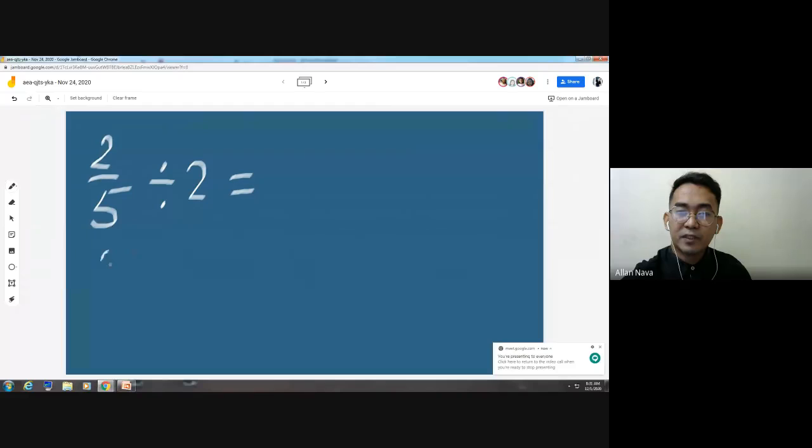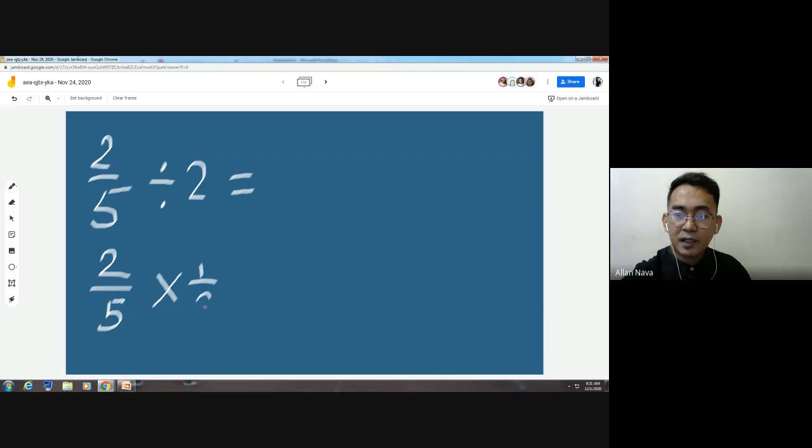Again, copy the first fraction. Change the division sign into multiplication sign. Then flip the second one, the divisor. So flipping that one will give us 1/2, equals. So pwede mag-cancellation. I-cancel to. So magiging sagot ay 1/5.